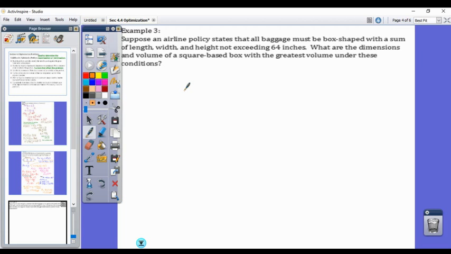Okay, so that is telling me that length plus width plus height has to be 64 inches or less, essentially. What are the dimensions and volume of a square-based box? And what would be the greatest volume under these conditions?